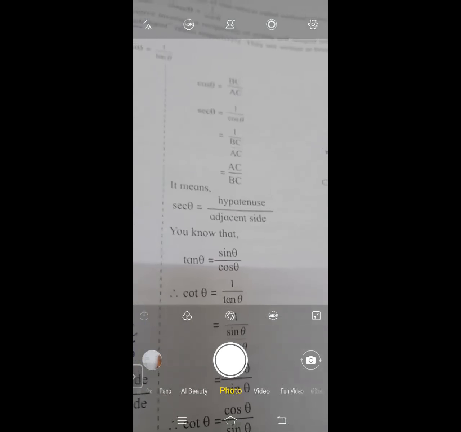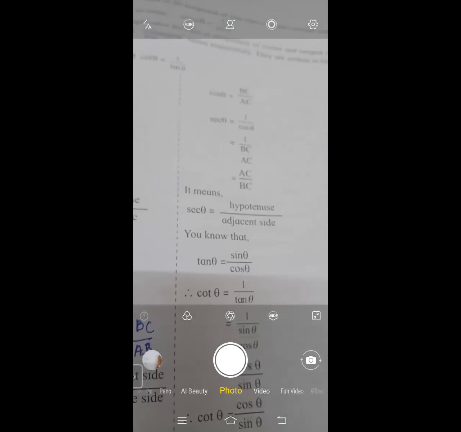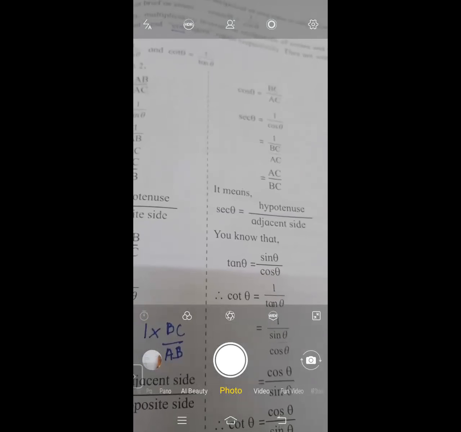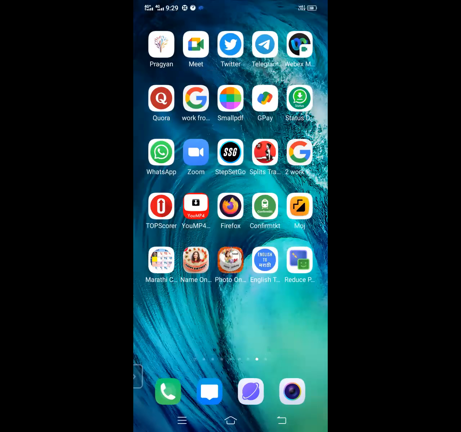Understanding how each ratio is formulated, how sine, cos, tan form the basis of this table, and how sec, cosec, and cot theta are derived from these three ratios, means there is no need to learn the table.